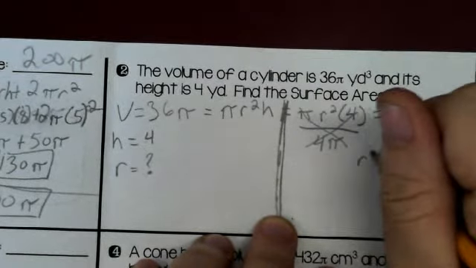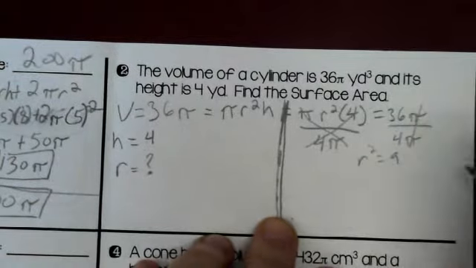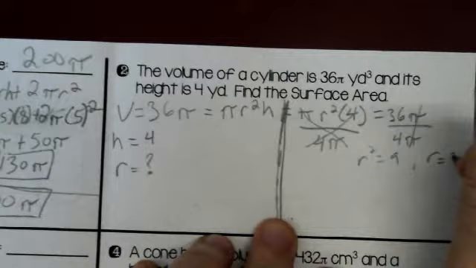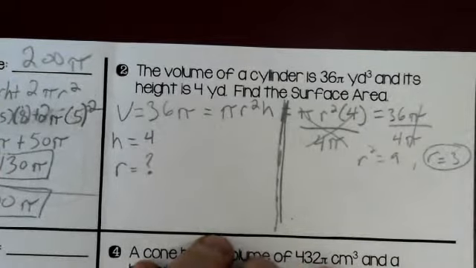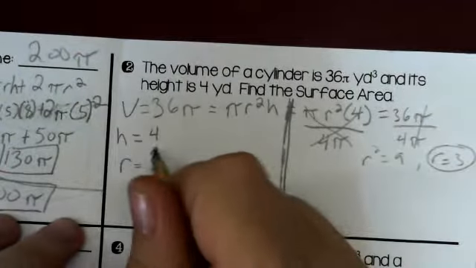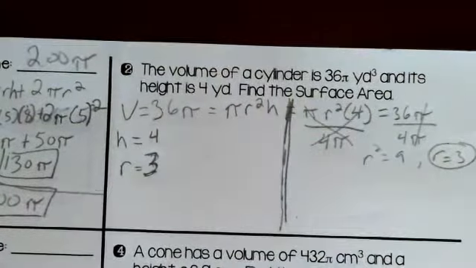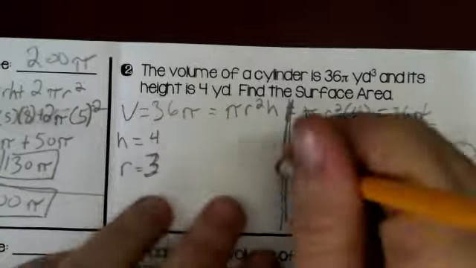And that's going to give me that r squared equals 9. Which of course means that r equals 3. And now we can find our surface area.